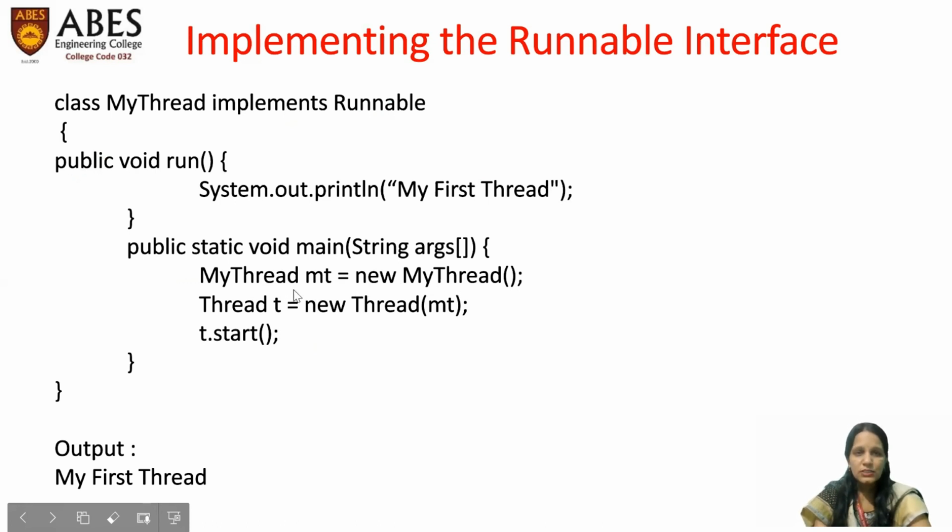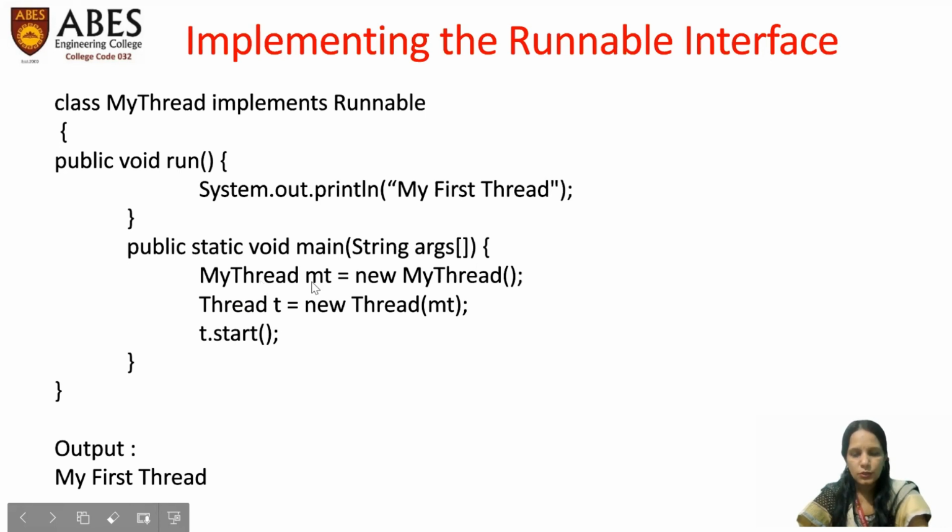So in the first line, we are creating the object of our class. Then we have created the Thread object t, and in the Thread object we are passing our class object. And then we are starting our run method, right?